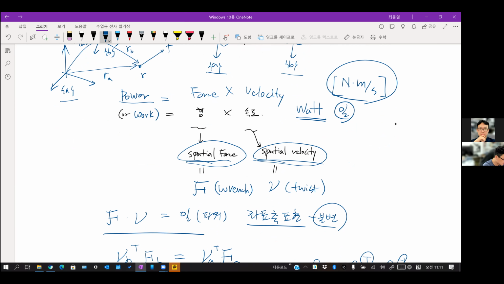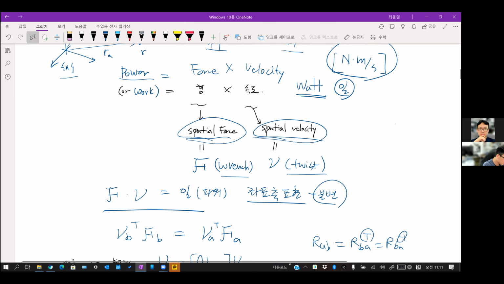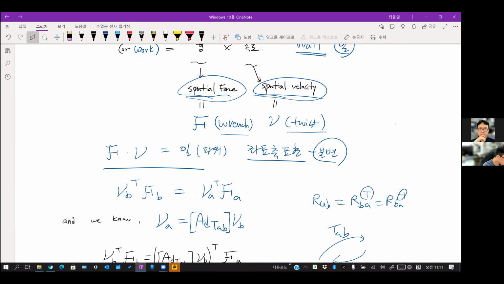So spatial force is wrench and spatial velocity is twist. So wrench multiplying twist becomes power. And this is independent of the coordinate system.